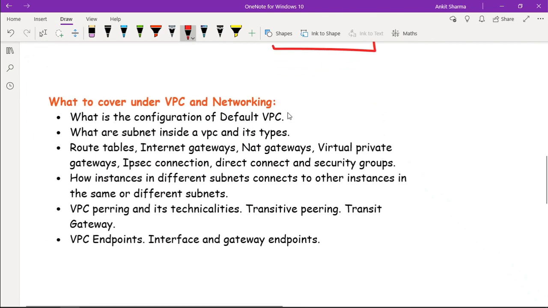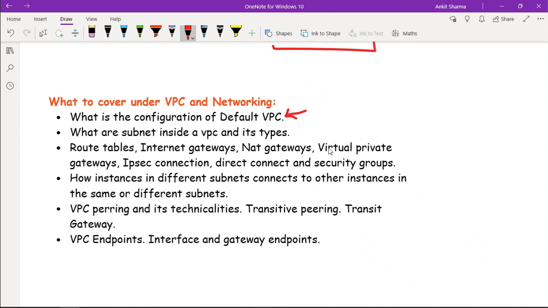And then we can see networking. In networking, you can see the configuration of default VPCs, all the things which come as default. You must know the configuration with which they come, because the default configuration is something which can be asked in the exam. Or if not directly, some questions can be dependent upon that default setting which AWS provides.